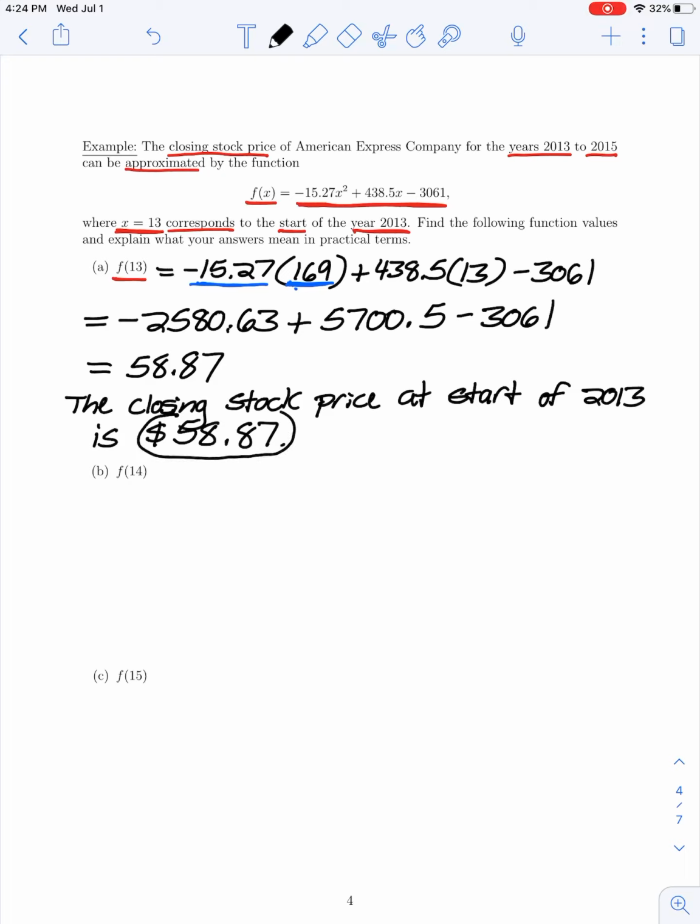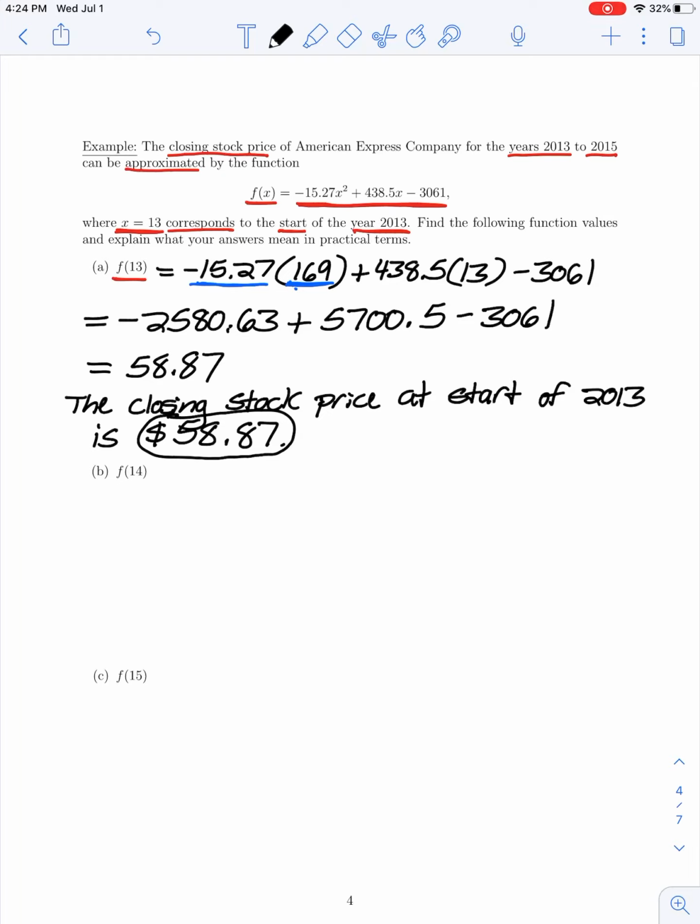Here we weren't given a unit. It said closing stock price. We're assuming it's in dollars here. It might be, say, hundreds of dollars, thousands of dollars. We weren't told that in the problem statement, so we'll assume it's just in dollars here.